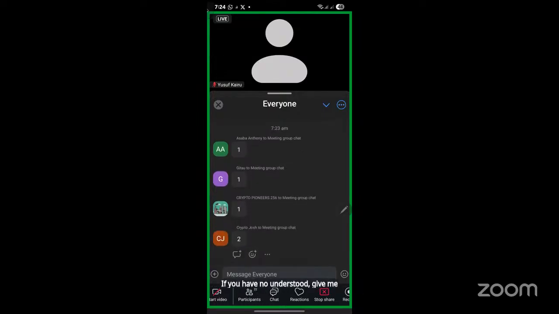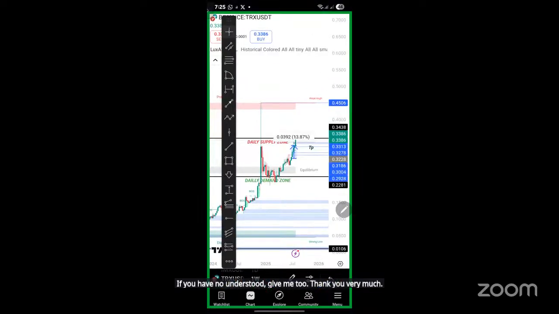Thank you very much. Yes, we have said we are looking at capital management and capital deployment. For example, we are going to trade a coin with $1,000.